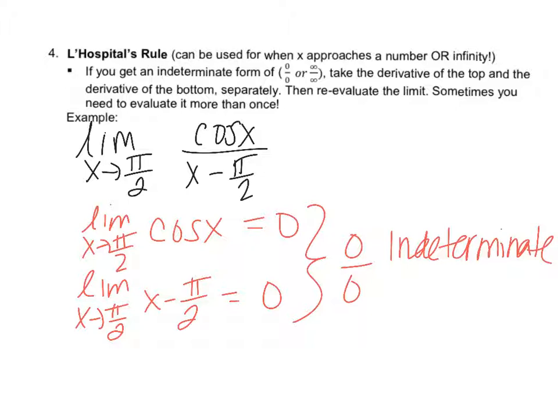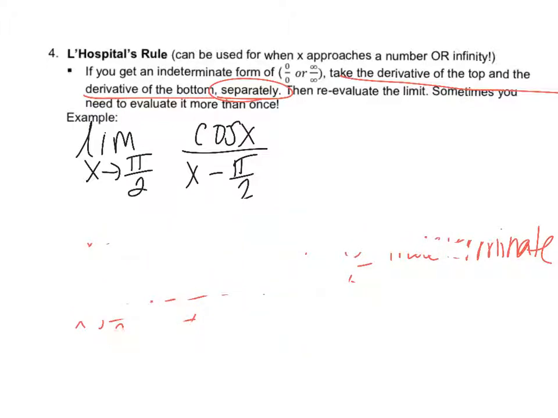Now for L'Hopital's, we take the derivative of the top and the derivative of the bottom separately, right? There's no quotient rule here. This is derivative of the top, derivative of the bottom, and then you reevaluate the limit. Sometimes you do have to do this more than once, so be ready for that. So let's take the derivative of the top.